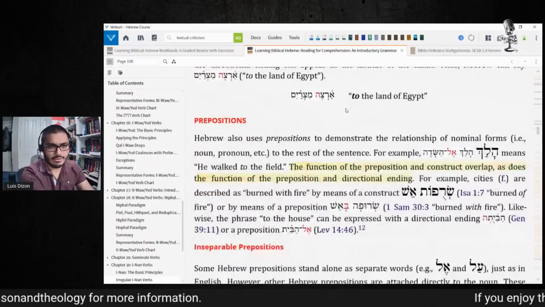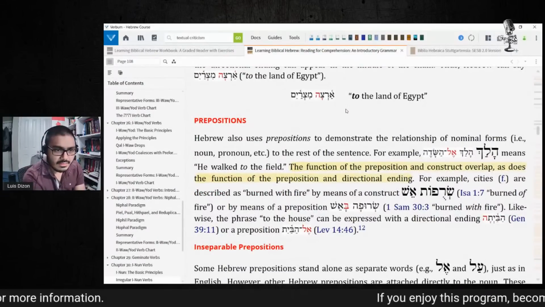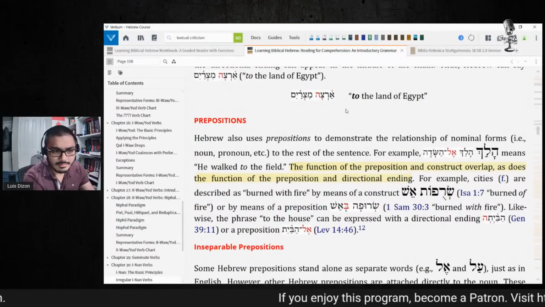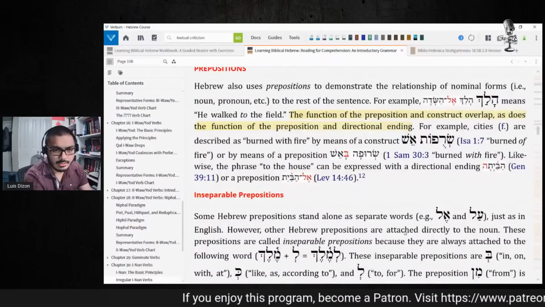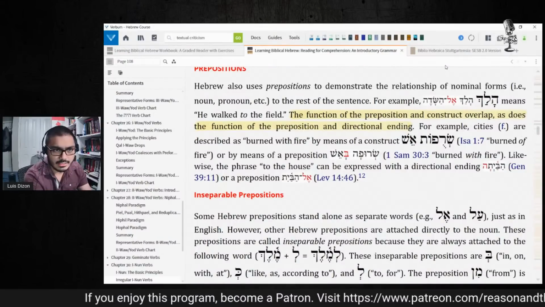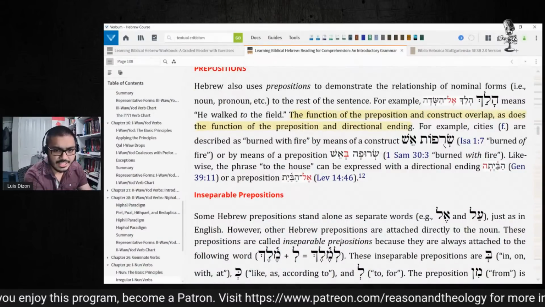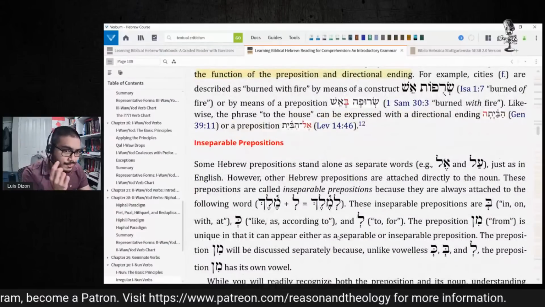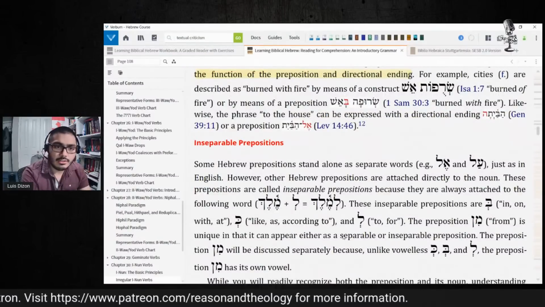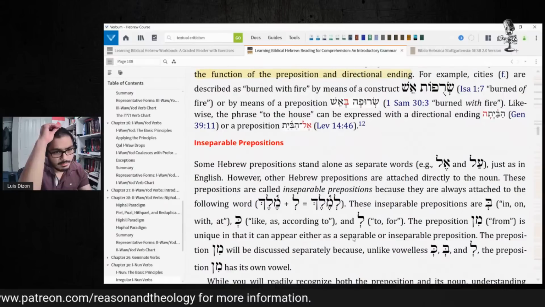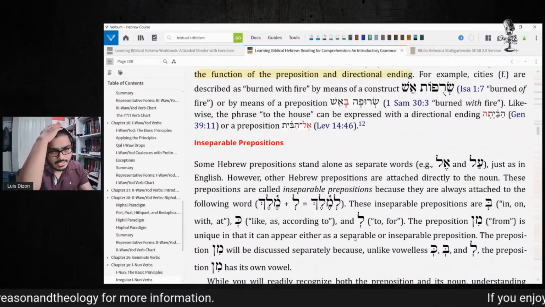Not burnt in fire, but with fire. So make note of the context in which a preposition appears, because the way it's translated can change depending on the context.